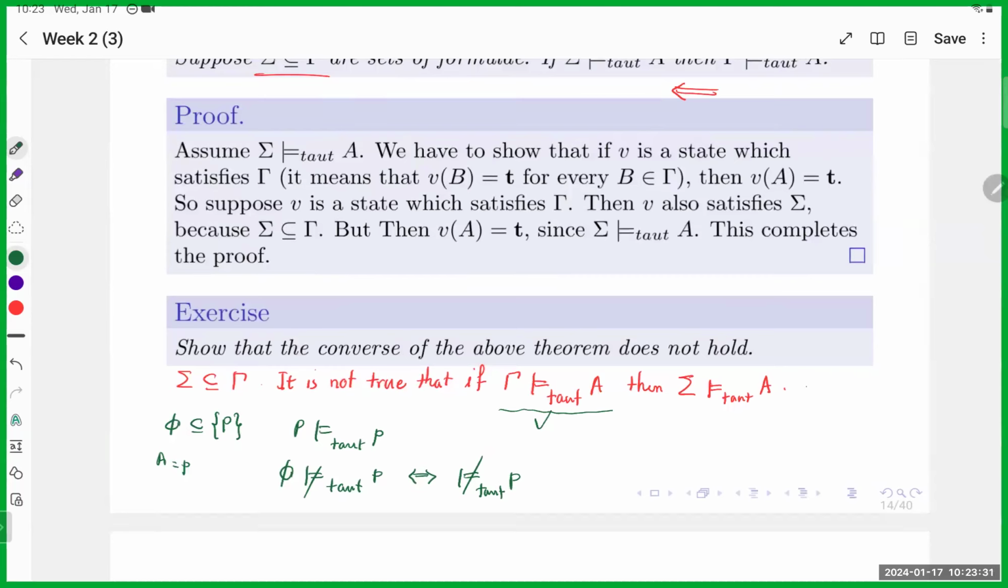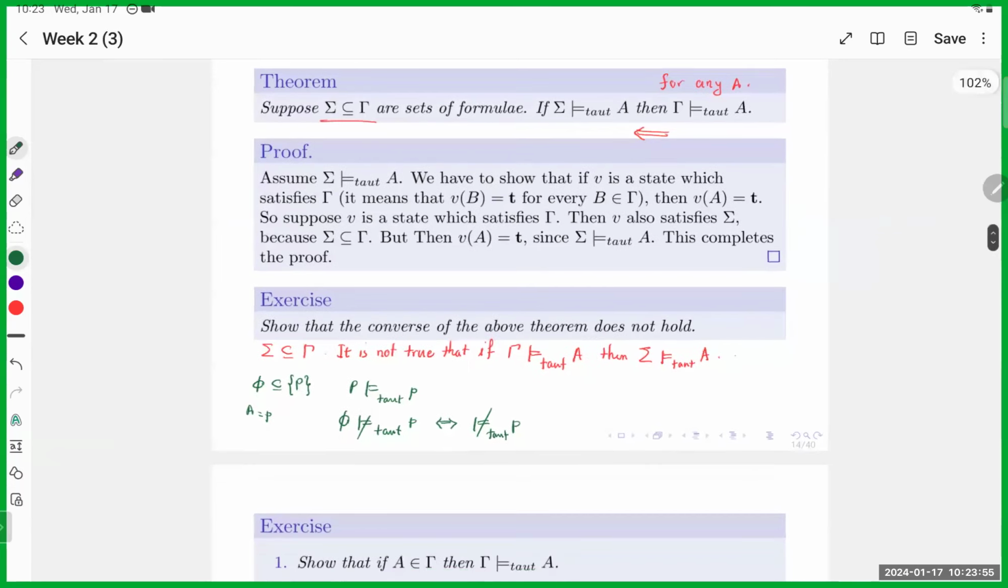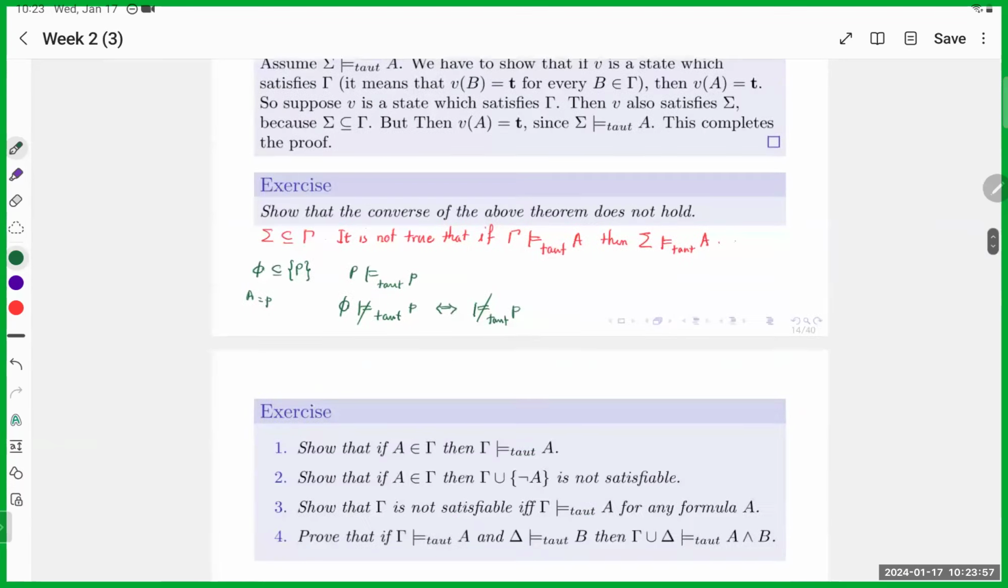Maybe those hypotheses were necessary. You can add more hypotheses and still prove the same thing, but you cannot just prove something with fewer hypotheses. In general, it's not true. So you can write the proof properly. More exercises.